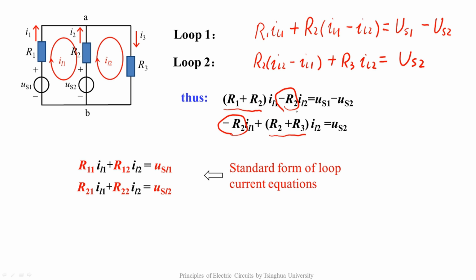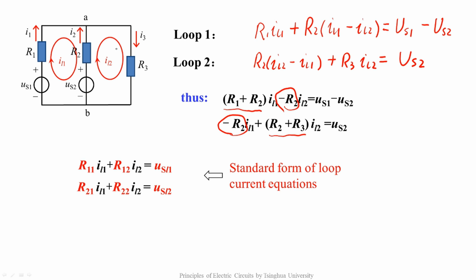R12 is minus R21. It's minus R2. R2 is both in loop 1 and loop 2, or in other words, both loop currents IL1 and IL2 flow through this branch, and the directions of the two currents flowing through R2 are opposite.